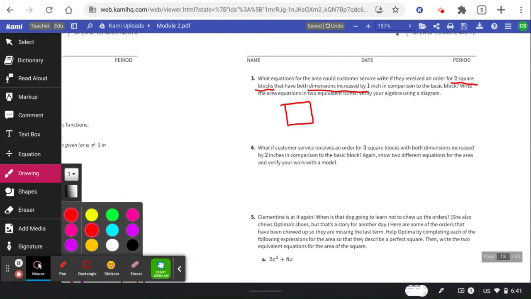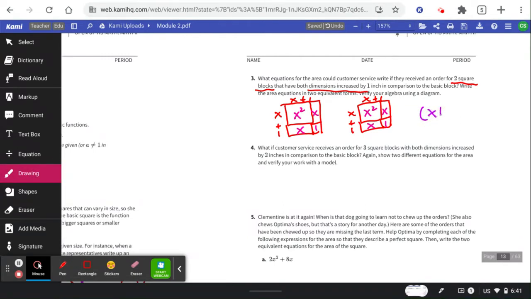So there's our basic block, increased by 1 on each side, and my basic block increased by 1 on either side. Fill in those interiors. It's my x squared, x, and 1. And then let's get the 2 expressions.